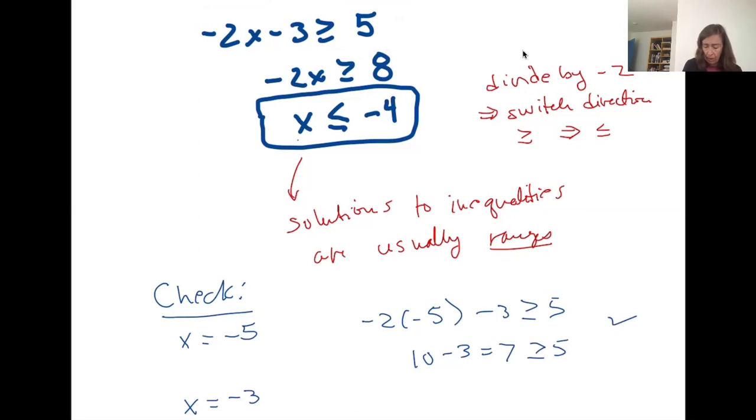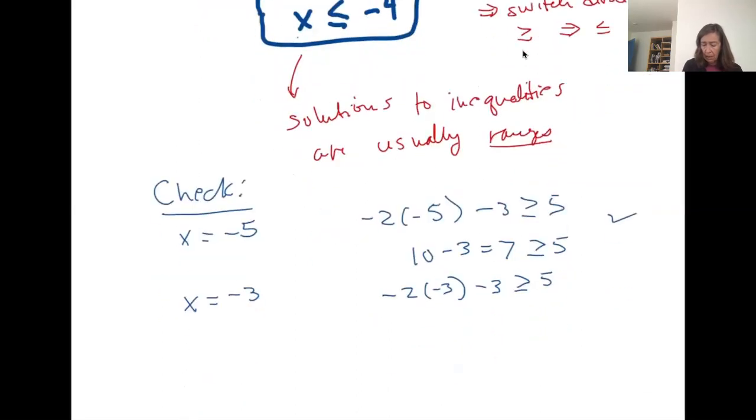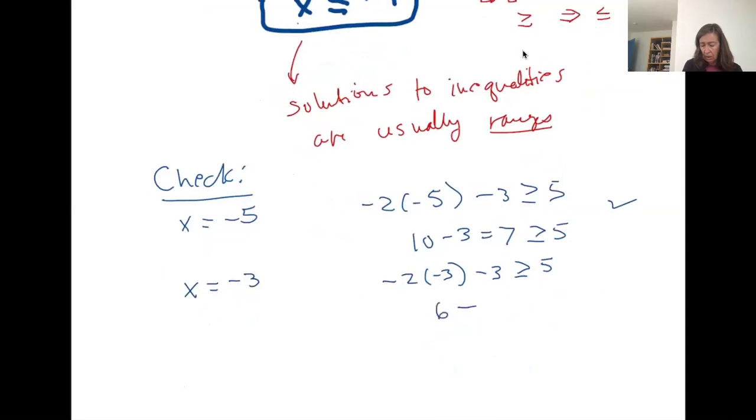For x equals -3, -2 times -3 minus 3 greater than or equal to 5. The negative times the negative gives a positive 6, minus 3. That is a 3. Is that greater than or equal to 5? No, it is not. Okay, so that checks too.